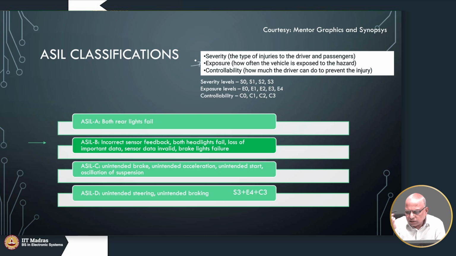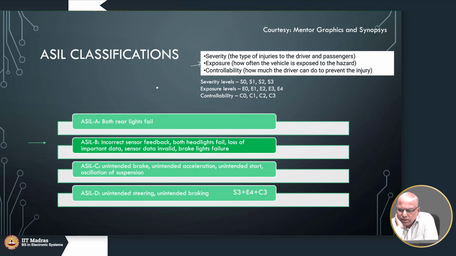See, for example, if you ask somebody, what if the window gets stuck? Okay, there is something wrong in the electronics because of which a particular window cannot be raised or lowered. What is the severity of that problem? Does it cause injuries? Does it cause discomfort? Can it kill somebody? Right?